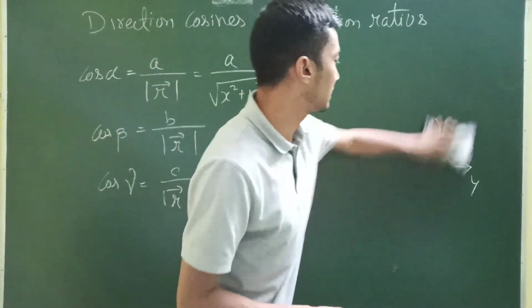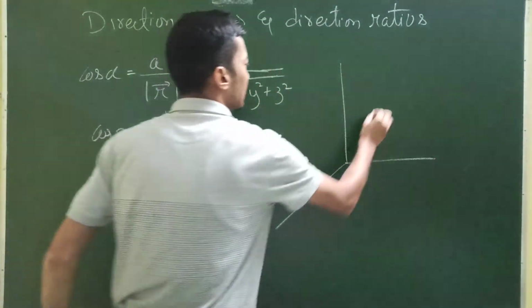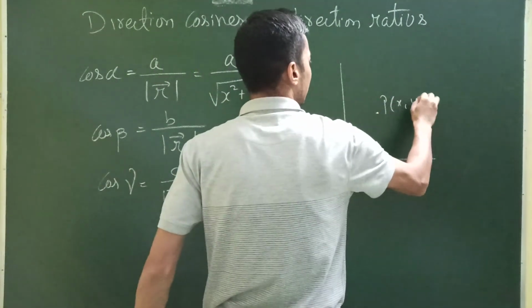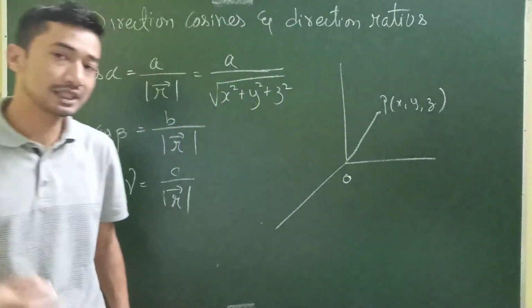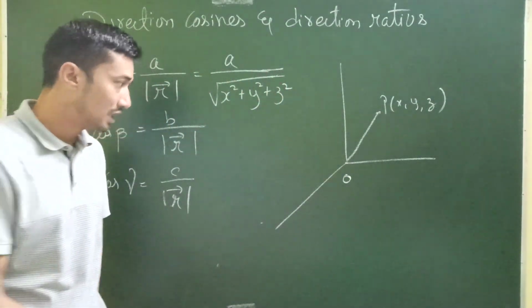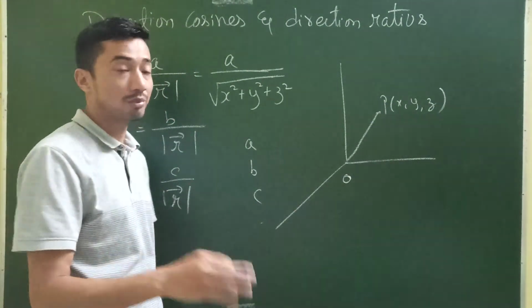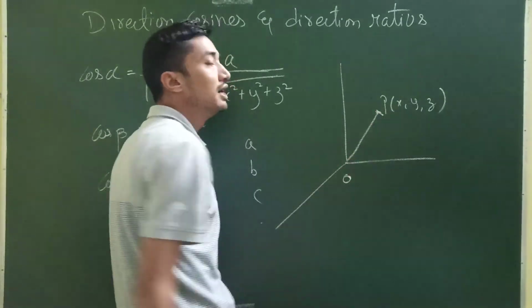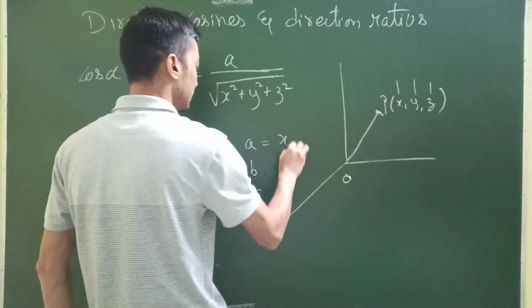When you talk of a single coordinate in space, let's say this is one point P, x, y, and z. So when you talk of a single coordinate in space, its direction ratios A, B, and C are the same as the coordinates x, y, and z.